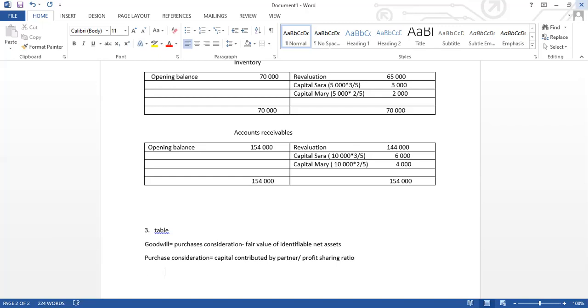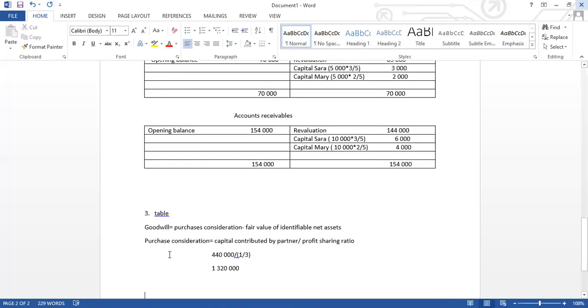So we know that in this case, our capital contributed by the partner was 440,000. And then we divide it by 1/3. Let's use brackets, 1/3. And then you get a purchase consideration of 1,320,000.